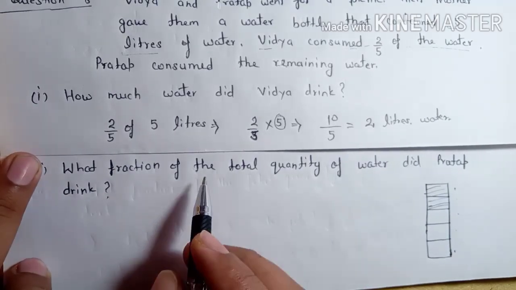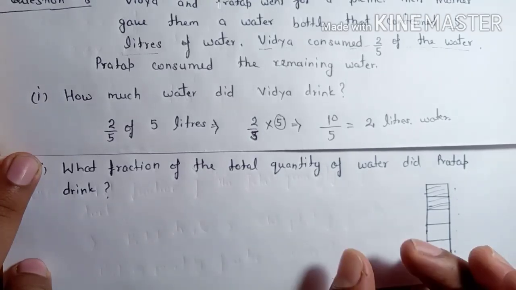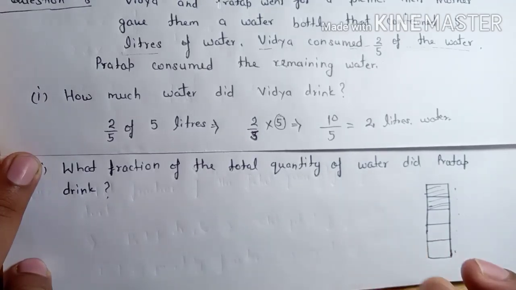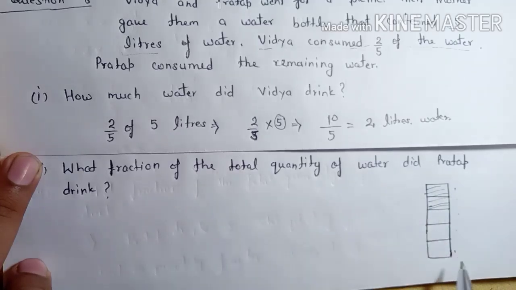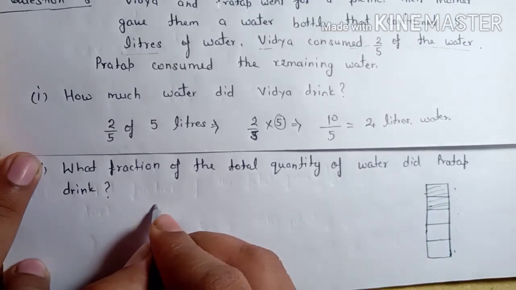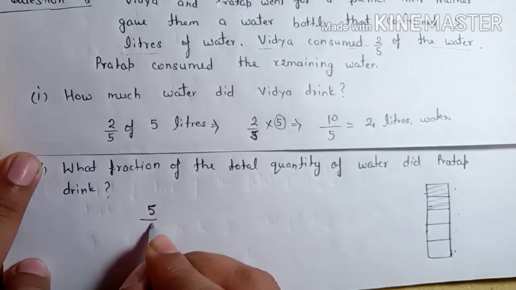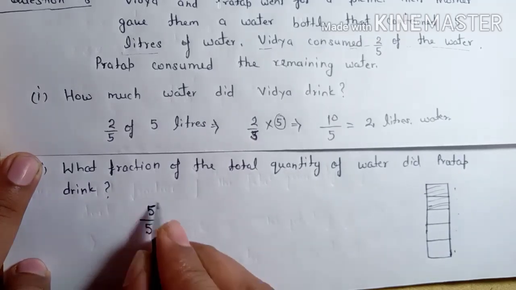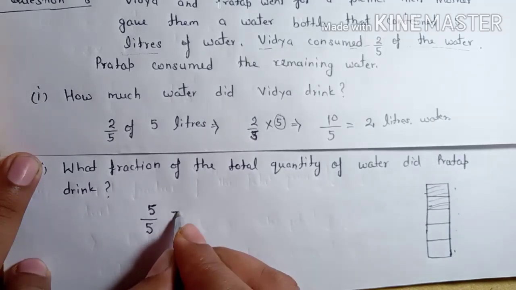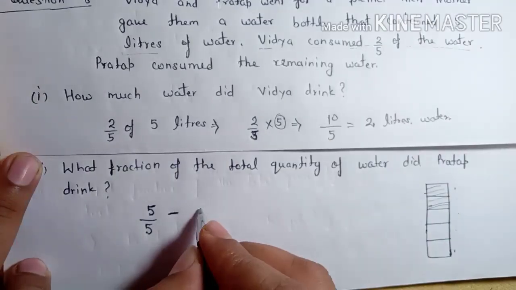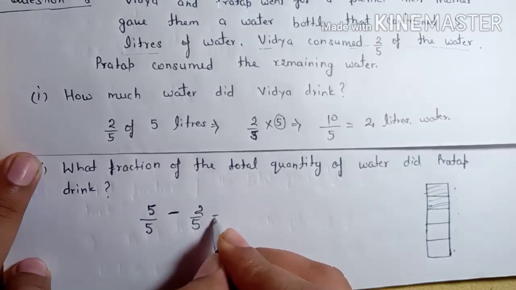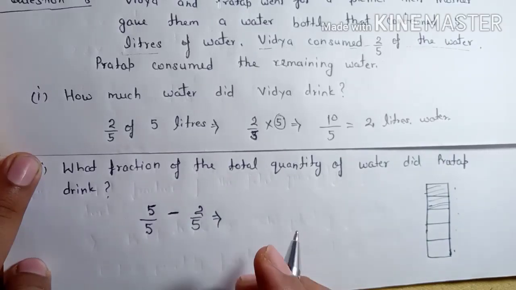Now what fraction of the total quantity of water did Pratap drink? So total quantity of water is what? 5. So if you select total 5 parts out of 5, that is the total quantity, and if you subtract the consumed part of the water, that is 2 upon 5, you will get the remaining water.